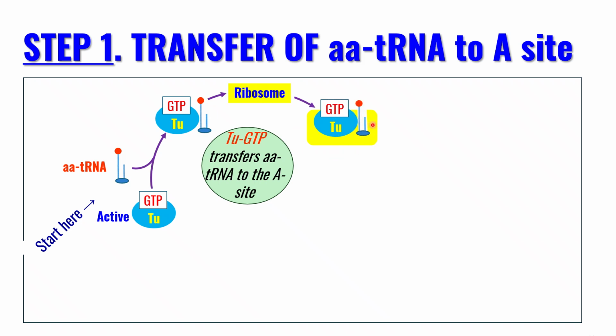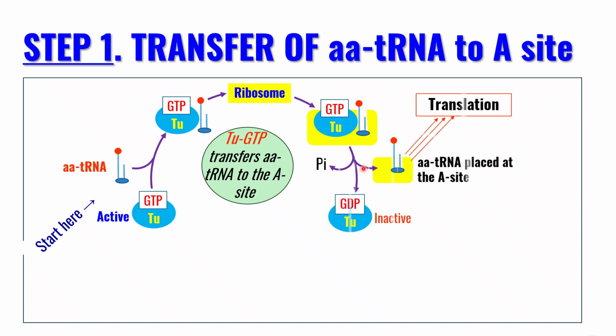When the amino acid tRNA has been placed correctly at the A site, only then is GTP hydrolyzed to GDP, forming this inactive product of Tu, and this ribosome will continue performing elongation. Now the next factor, Ts factor, is required to regenerate this active form from this inactive form.